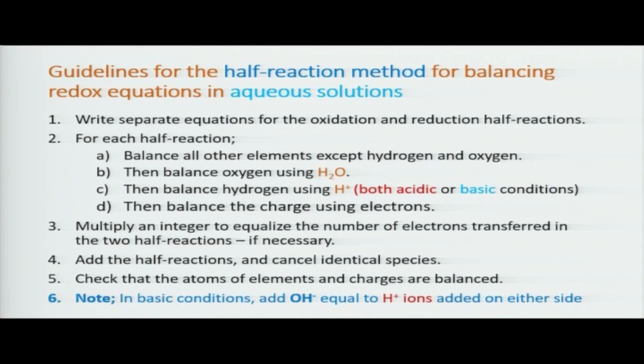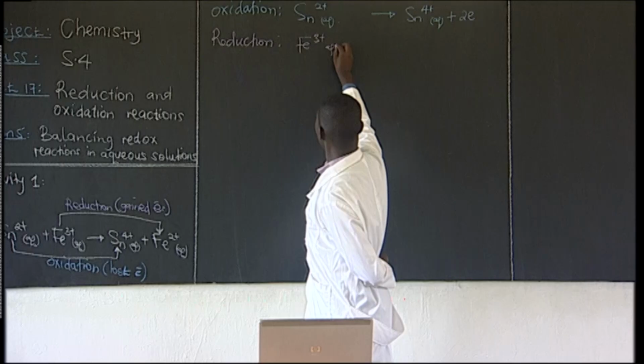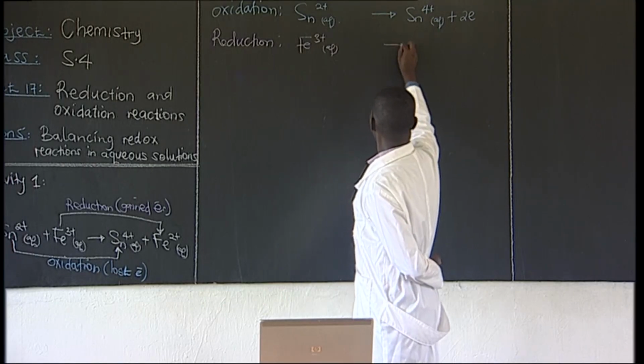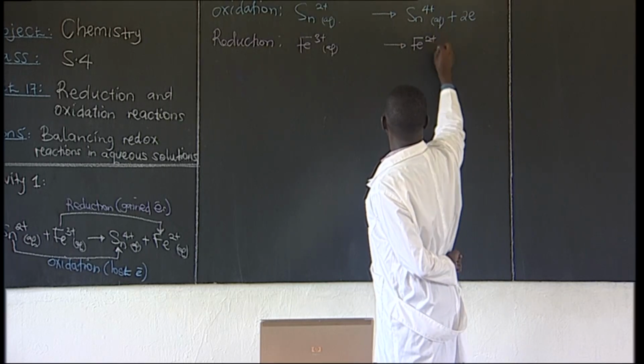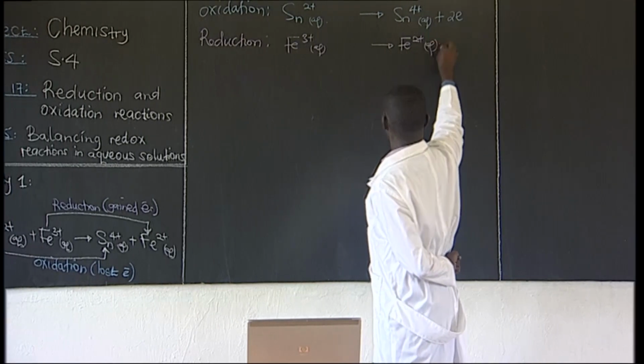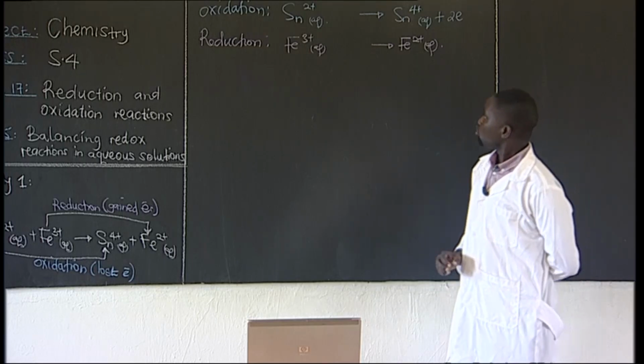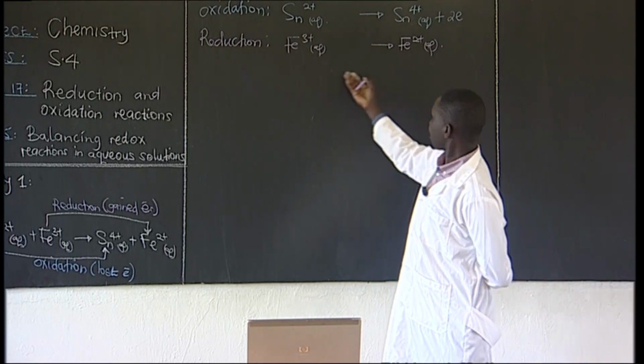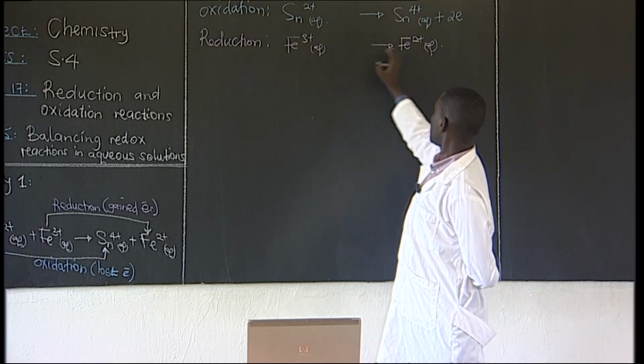Let's go to the reduction side. On the side of the reduction, we have iron 3 cations forming iron 2 cations in aqueous. So, balancing the charges, positive 3 to positive 2.